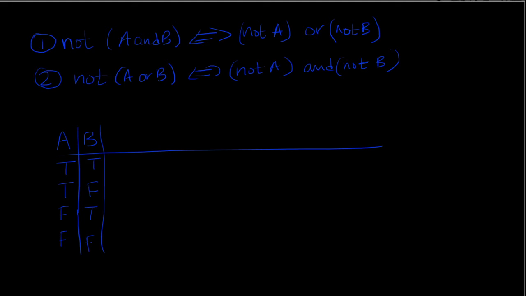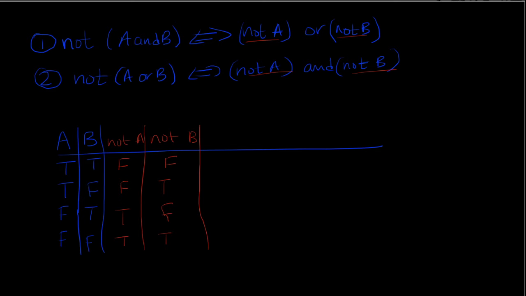So I'm going to choose to do the not A's and not B's. So these are the negations of A and B respectively. So whenever you see a true, you put a false, and whenever you see a false, you put a true.